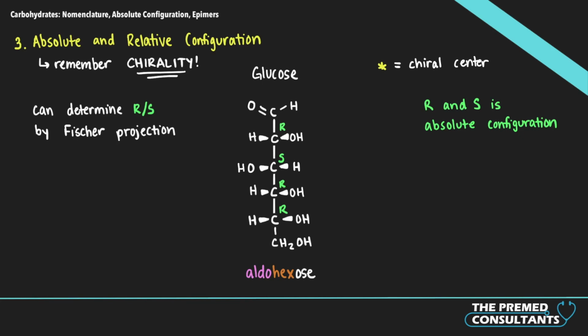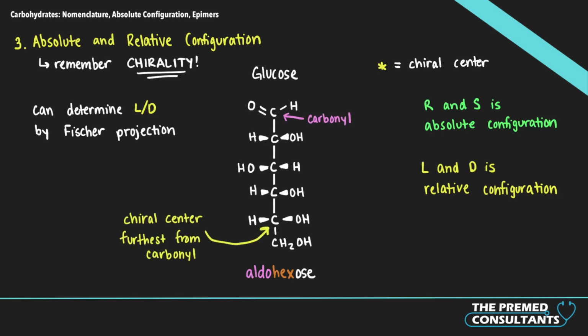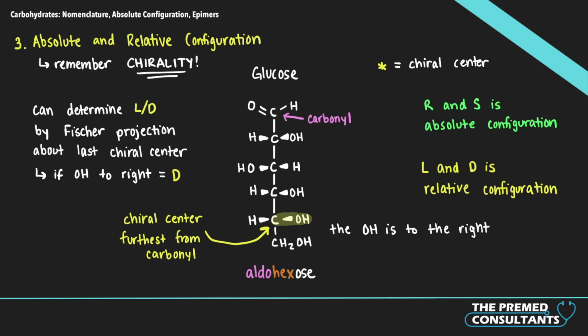We can describe sugars as a whole with the L and D configuration instead, which is called the relative configuration. To determine if a molecule is L or D, we look at the chiral center furthest away from the carbonyl. If the OH on that bottom carbon points to the right, it is D. Looking at glucose again, the last chiral center has the hydroxyl pointing to the right, so it is D-glucose.